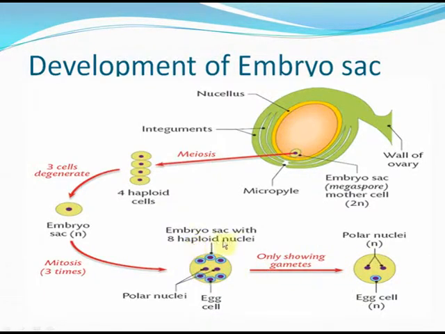Now, the embryo sac with the haploid nuclei is formed, undergoing mitosis, and the embryo sac with the n number of chromosomes.